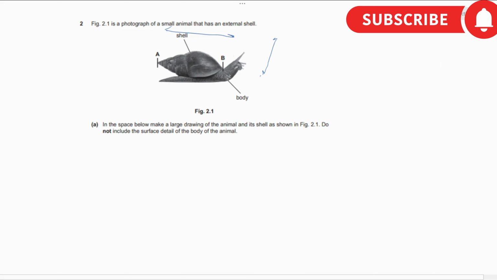Check the size. It should be like this, starting from here till there, point B to point A. That is the important thing.